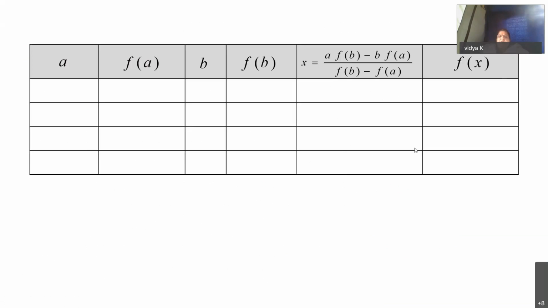Here I explain. So first I take A as 0.4. I found f at A using the formula x e to the power x minus cos x. Wherever x is, I replaced by 0.4 and simplified using calci, I get negative. B I put 0.6. F at B means I should get f at 0.6 as 0.6 e to the power 0.6 minus cos of 0.6. I get positive.